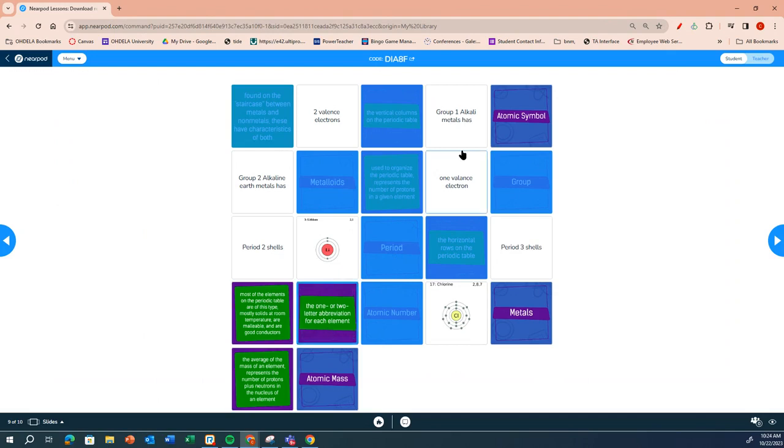That would be your atomic symbol. Most of the elements on the periodic table are of this type, most solids at room temperature. That would be your metals. The average mass of the element, representing the number of protons and neutrons, that's your atomic mass.